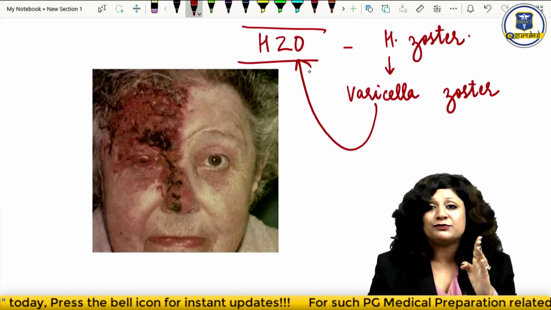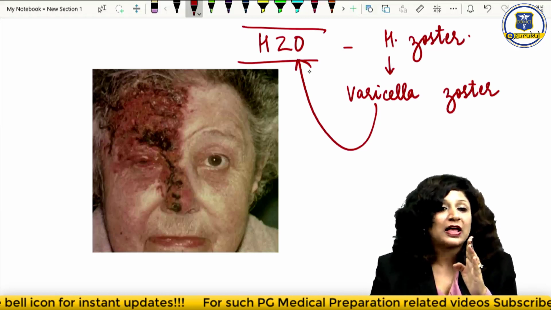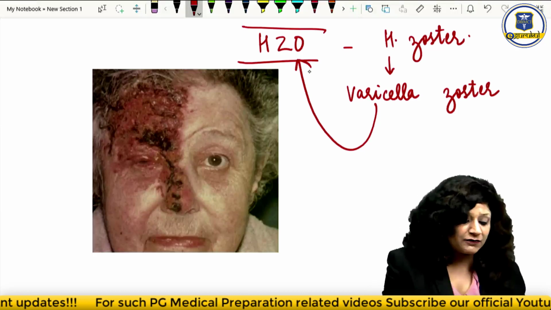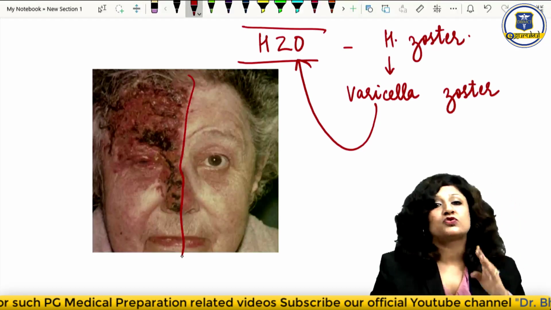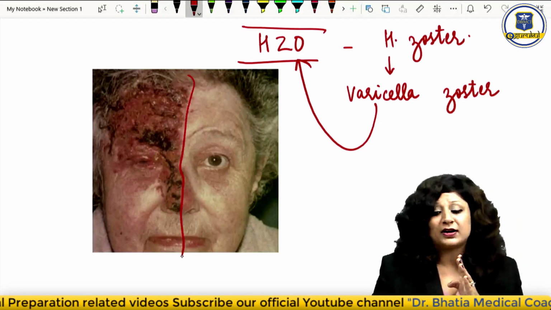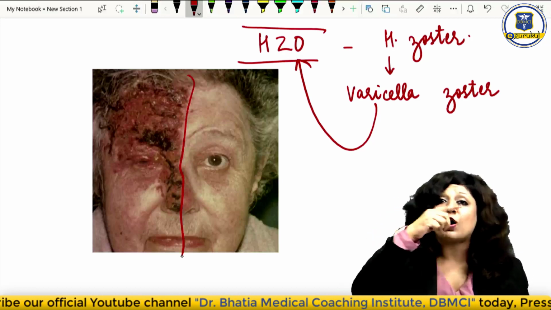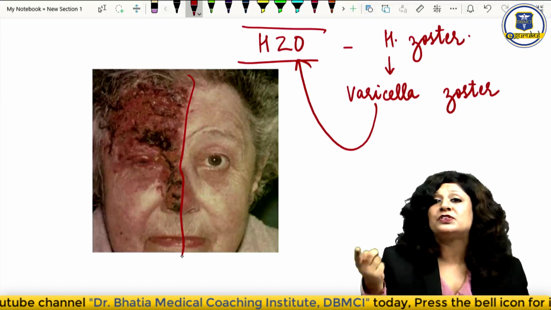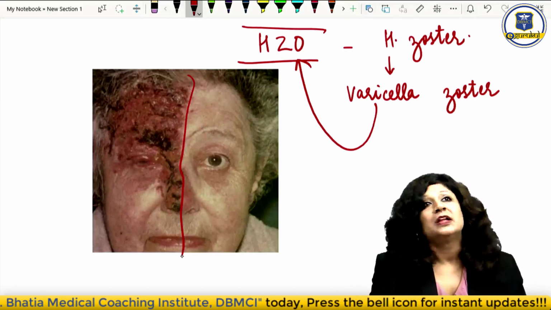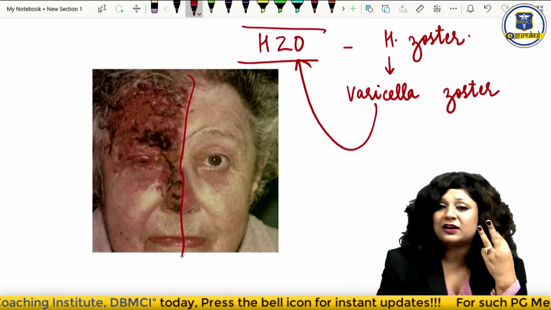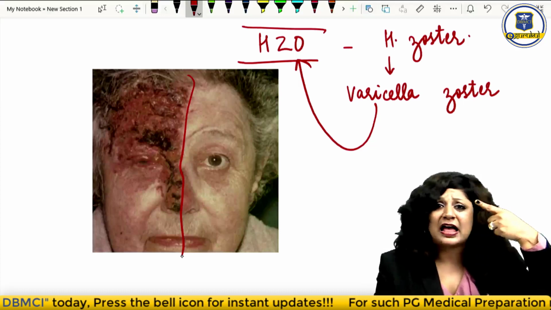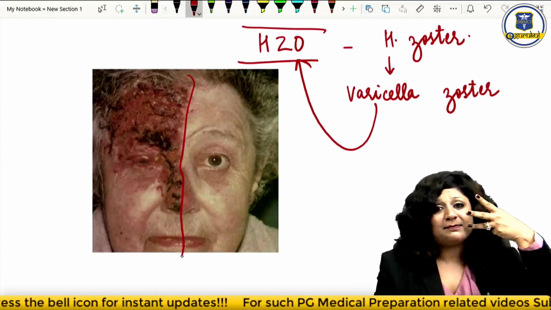Now, a very typical important feature of this herpes zoster ophthalmicus: one, you can see very clearly that there is strict distribution on one side of the forehead, because on one side only all the three divisions of the ophthalmic division of the trigeminal nerve are involved. The three divisions of the trigeminal nerve, do you remember? The ophthalmic, maxillary and mandibular.